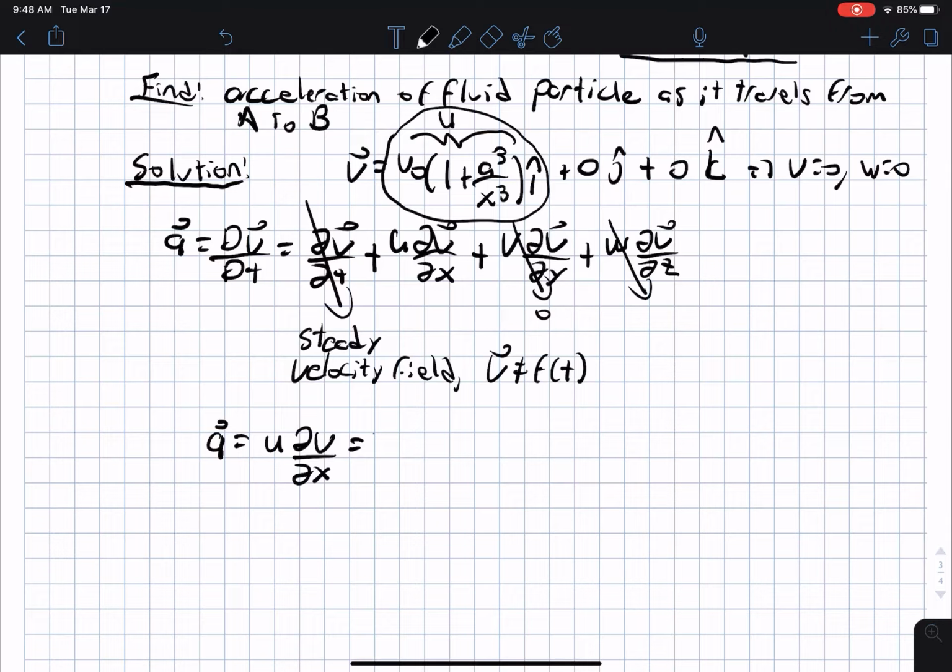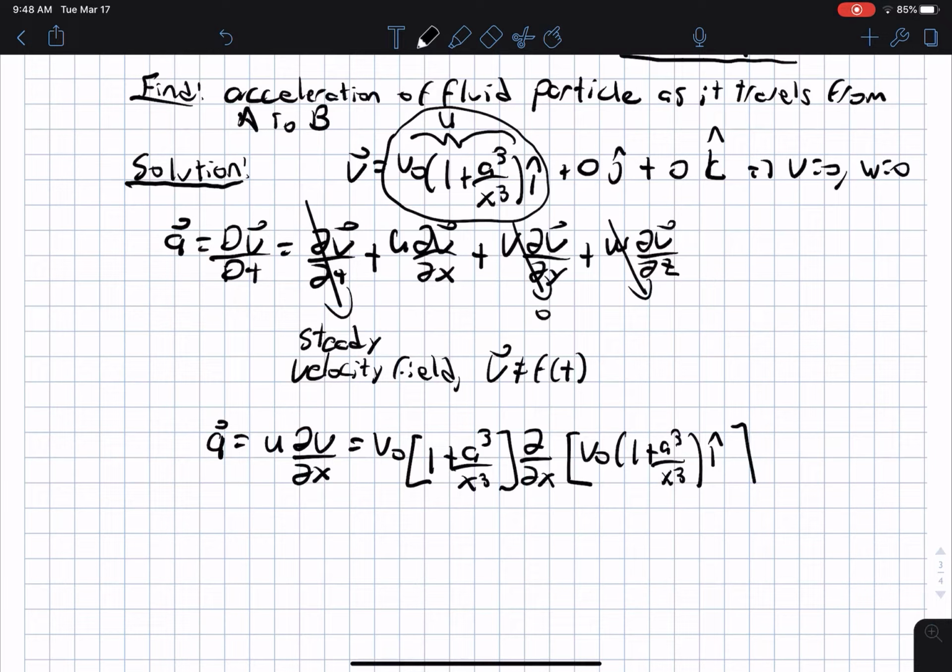So this equals v naught times 1 plus a cubed over x cubed times partial x of v, which is v naught times 1 plus a cubed over x cubed i hat. Okay?